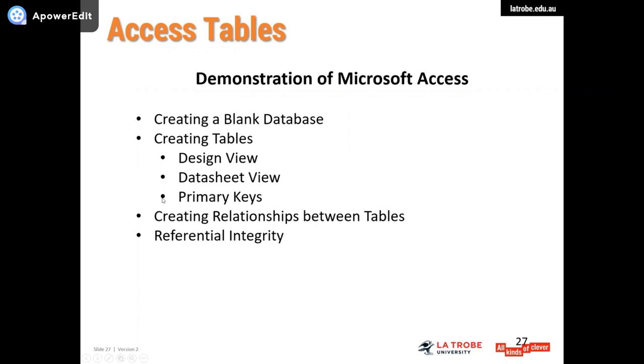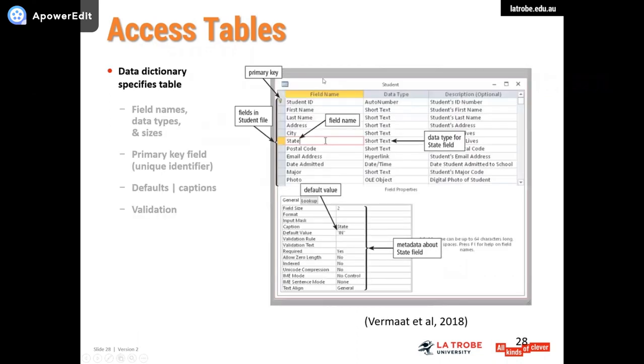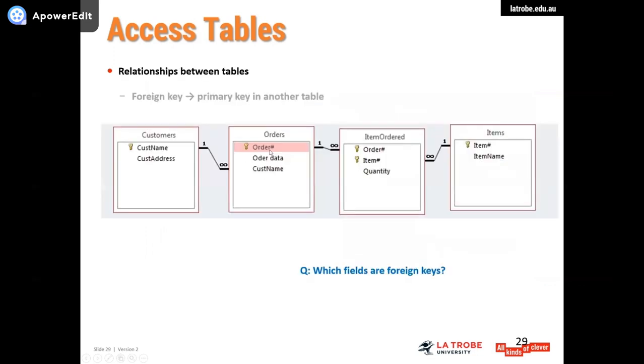I also mentioned how to change or set up the properties of the fields from the design view, how to do the validation in each field, and what the concept of the foreign key is.